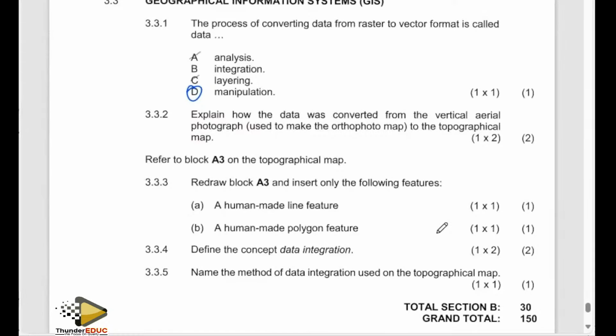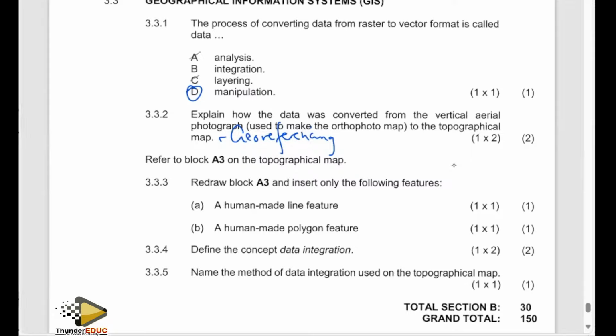Explain how the data was converted from aerial photographs used to make orthophoto maps into the topographical map. Basically, how we convert this, we can use georeferencing. With georeferencing, we target the coordinates of given features and we transpose them on the right location on the other map.